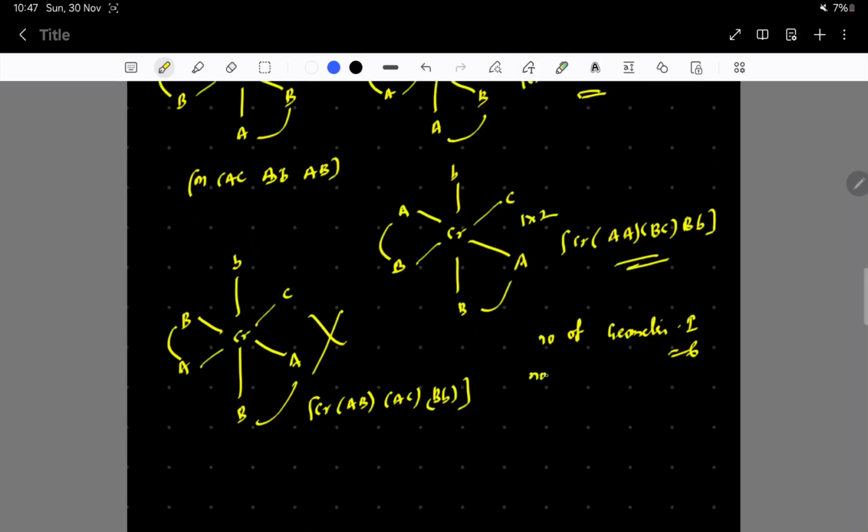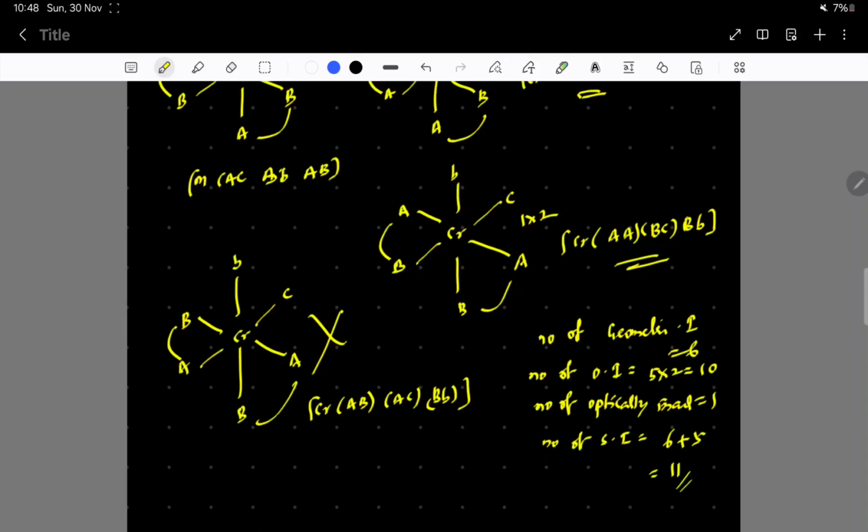Now number of optical isomers, student, is equal to 5 into 2, that is equal to 10. Then number of optically inactive is 1. Now number of stereoisomers is equal to 6 plus 5. Total answer is 11. Right.